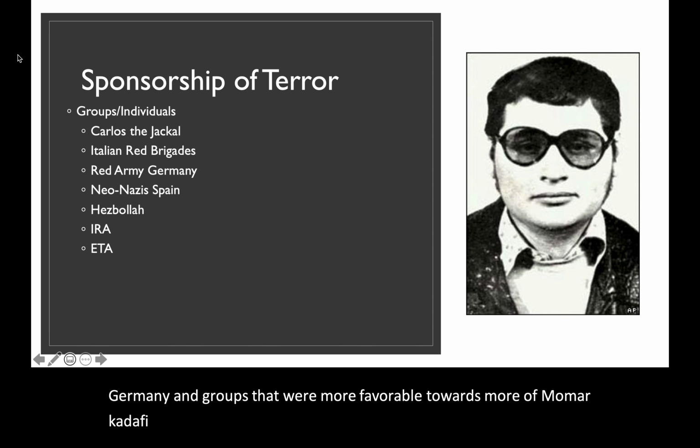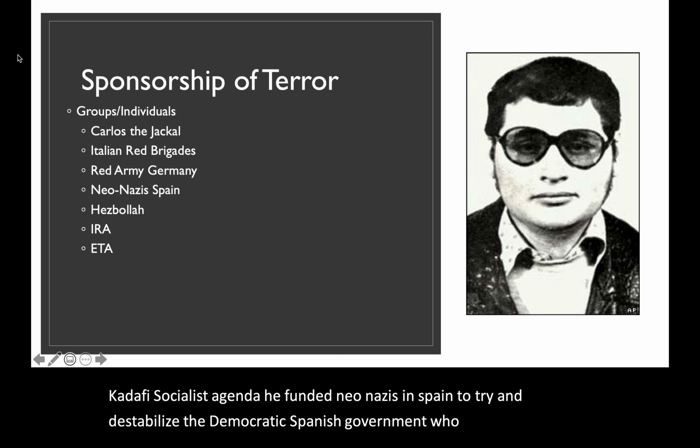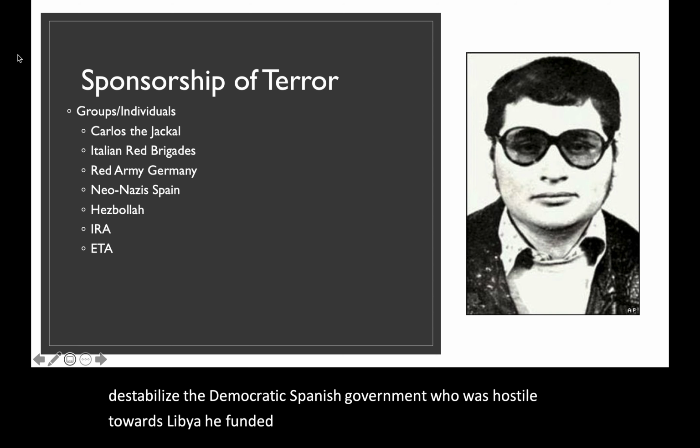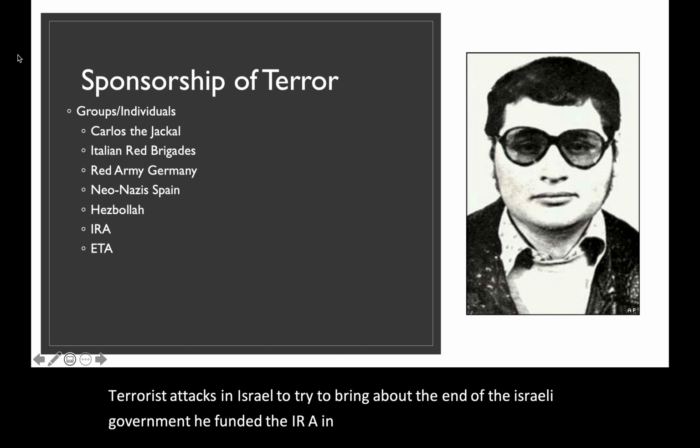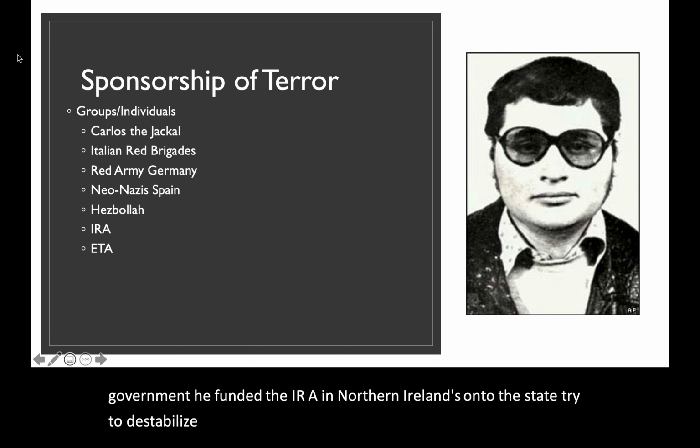He funded neo-Nazis in Spain to try to destabilize the democratic Spanish government, which was hostile towards Libya. He funded Hezbollah, a group that would carry out terrorist attacks in Israel to try to bring about the end of the Israeli government. He funded the IRA in Northern Ireland to try to destabilize the United Kingdom's government, and as we talked about, the ETA in the Basque Country in Spain.